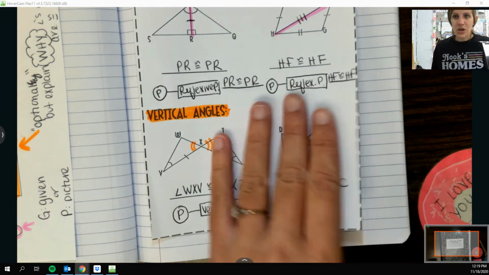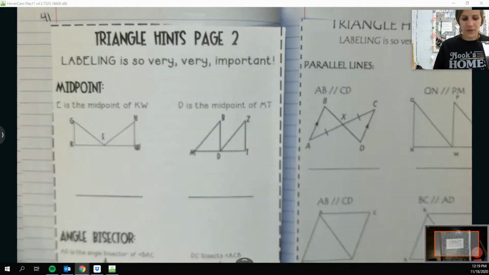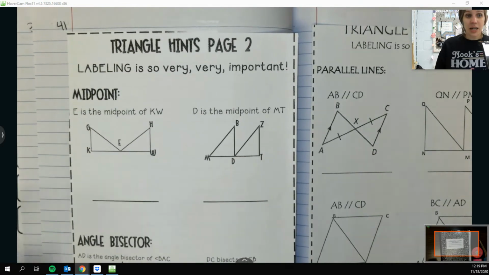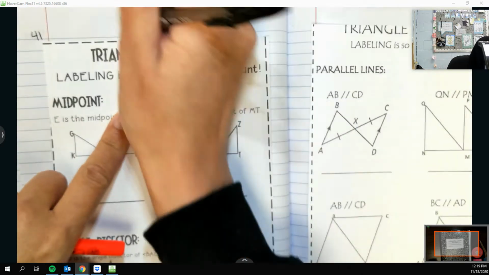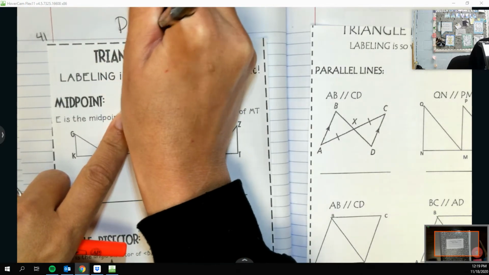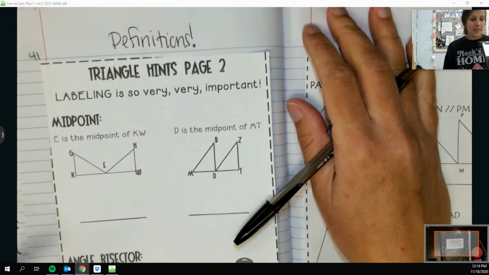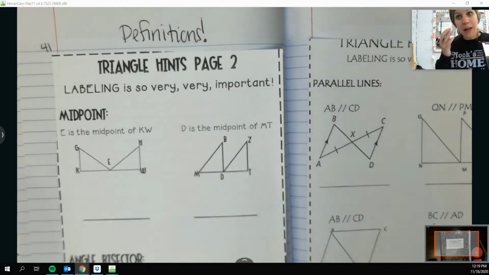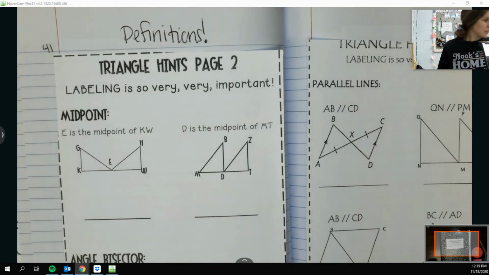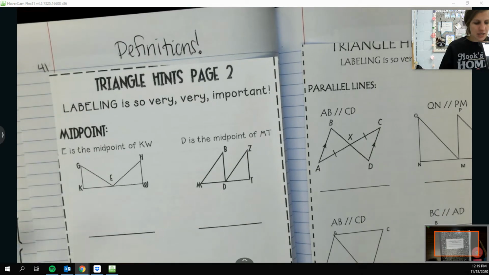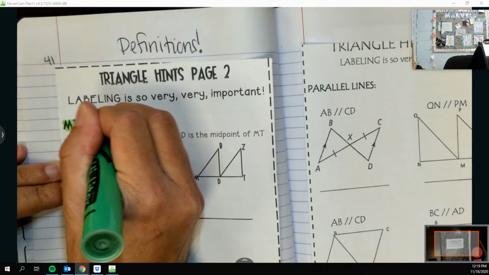Okay, so another hint, or more things that we can look for, are definitions. These are some definitions that we've talked about in the past, and they show up a lot to help us prove that triangles are congruent. So one definition that we've talked about before is the definition of a midpoint.